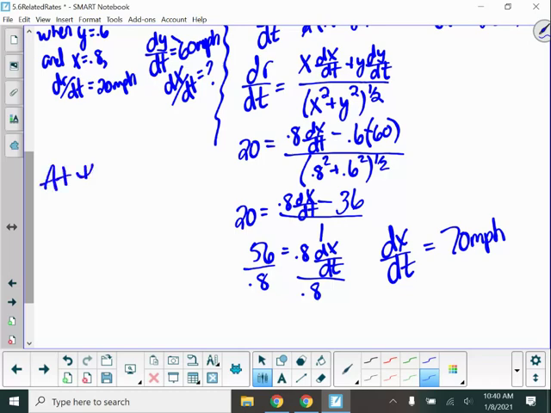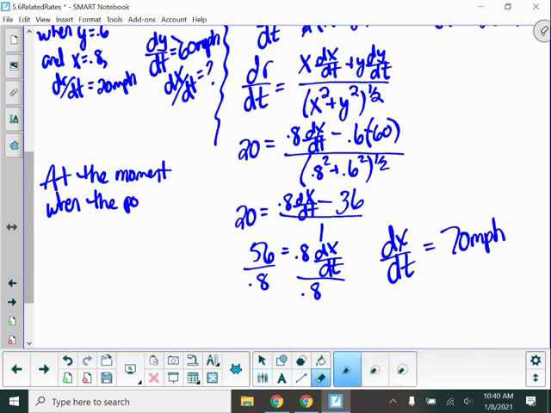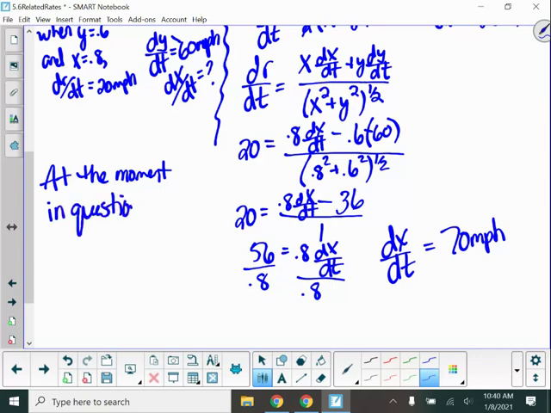So here's my interpretation. At the moment in question, the car is moving at 70 miles per hour.